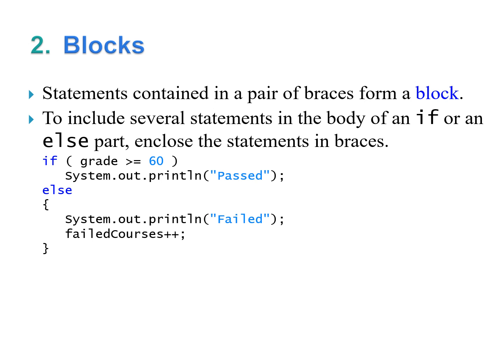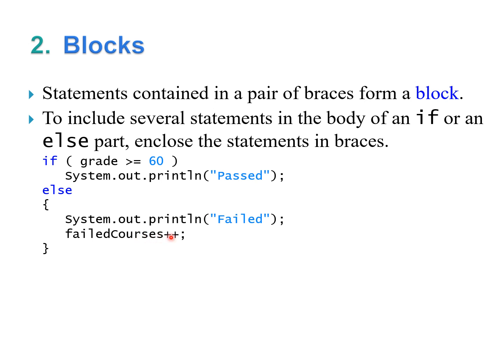For example, the body statement of the else part in this if-else statement is a block, which consists of two statements. The first one is to print out the text field, and the second one is to increase the variable failed courses by 1.